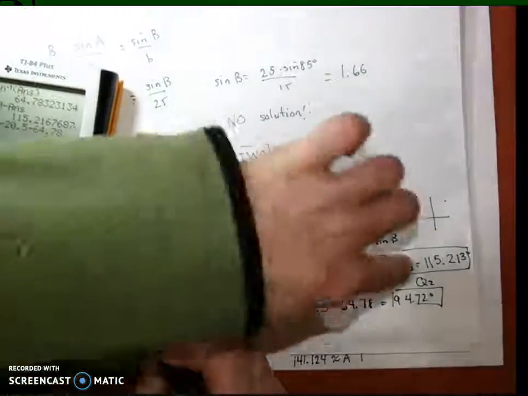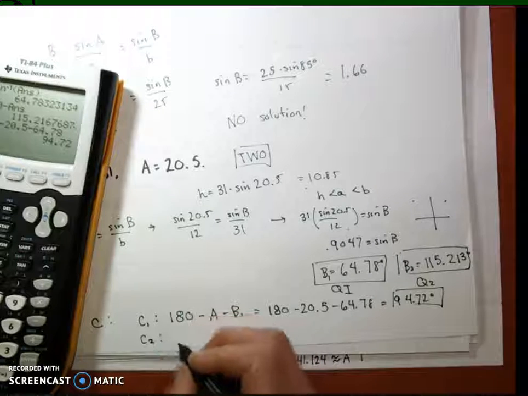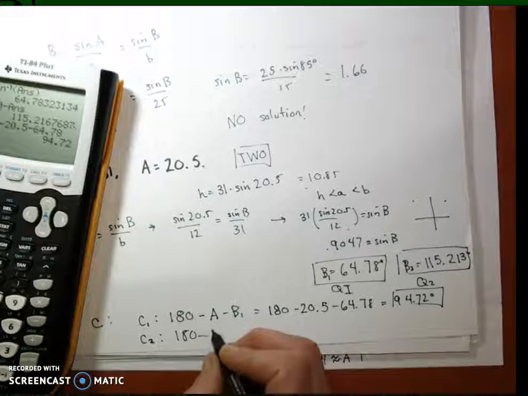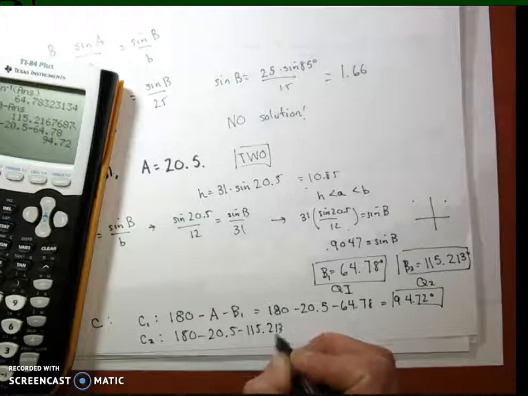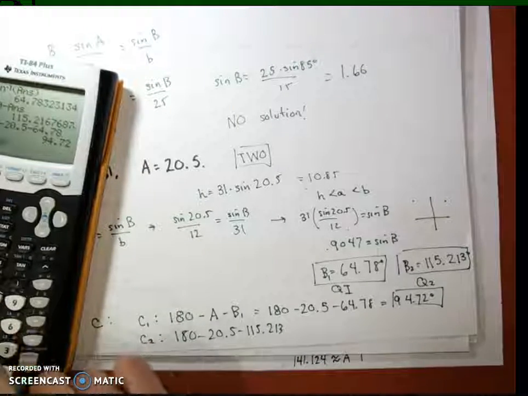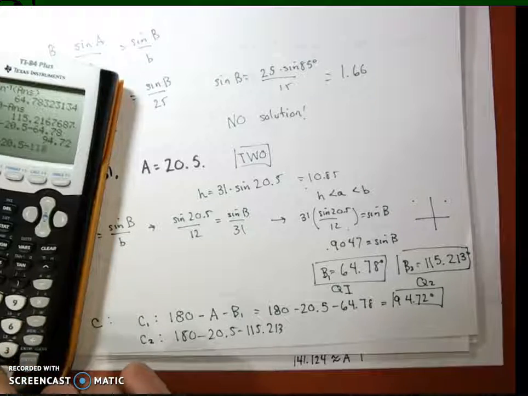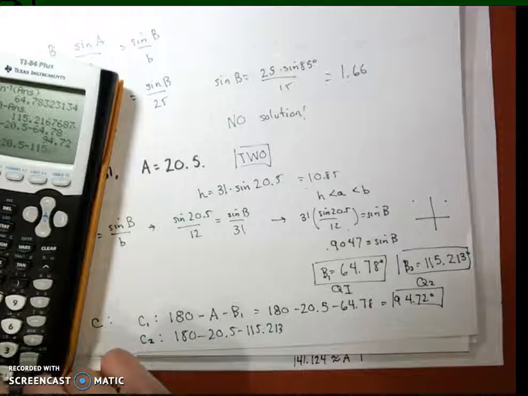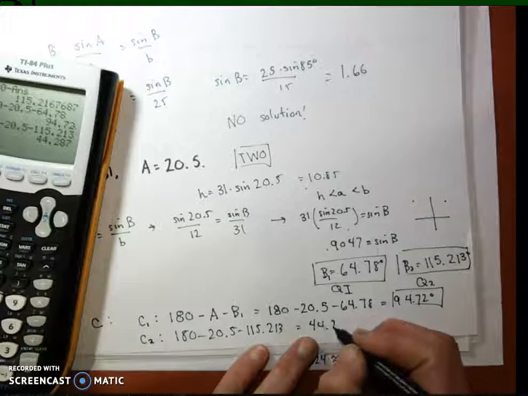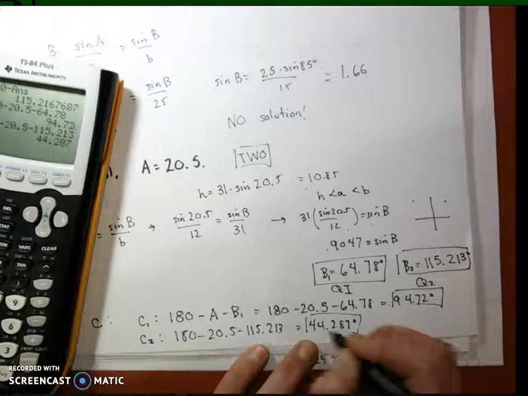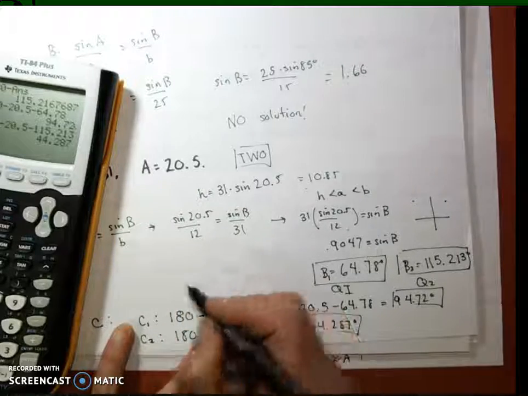But if I use the other possibility for angle B, then I'll do 180 minus 20.5 minus 115.213. And I get 44.287.